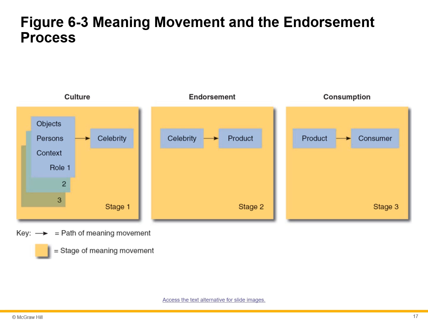So basically, this is the meaning movement in the endorsement process. Why or how does celebrity endorsement work? Basically, in this culture, we have objects, persons, or contexts, the roles of a celebrity. The celebrity is associated with certain objects, with a certain personality, and is culturally related to certain contexts and certain roles in society.